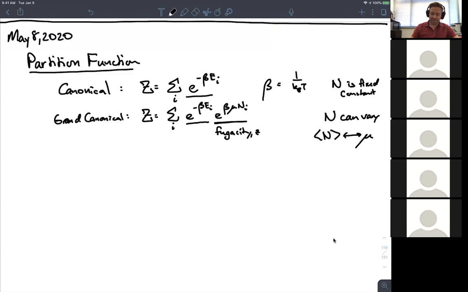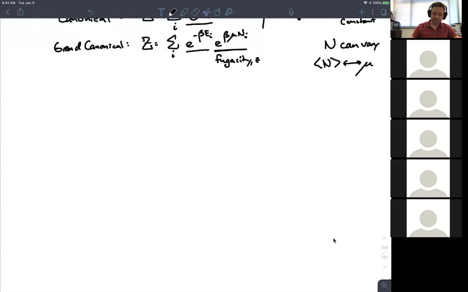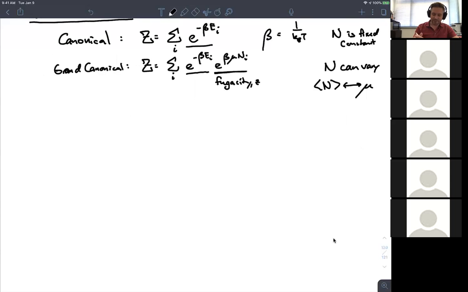All right, so now what you do in general is, for a given system, you determine what the energy levels of that system are. You plug it into here in order to calculate your partition function. Once you have your partition function, then you use that to calculate the free energy, whether that is the free energy or the grand free energy. They're essentially the same thing, which we give the symbol capital Phi.